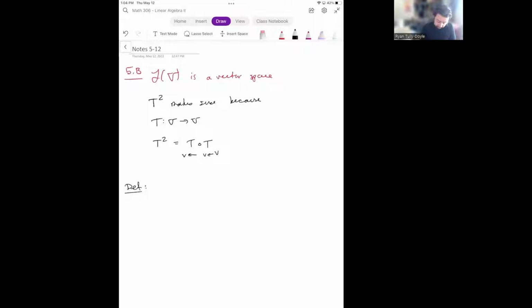So we're going to say T is in L(V), m is a positive integer, then we define T^m to be equal to T composed with itself m times.